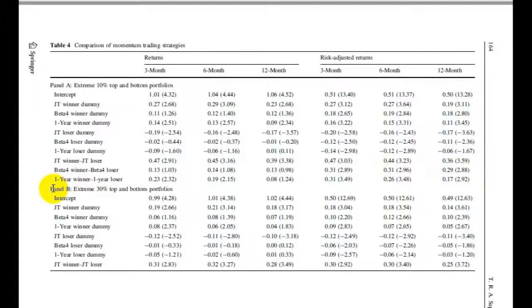So down here in panel B, we're doing the same analysis as up here, but we're using 30% of the top and bottom portfolios rather than 10%.